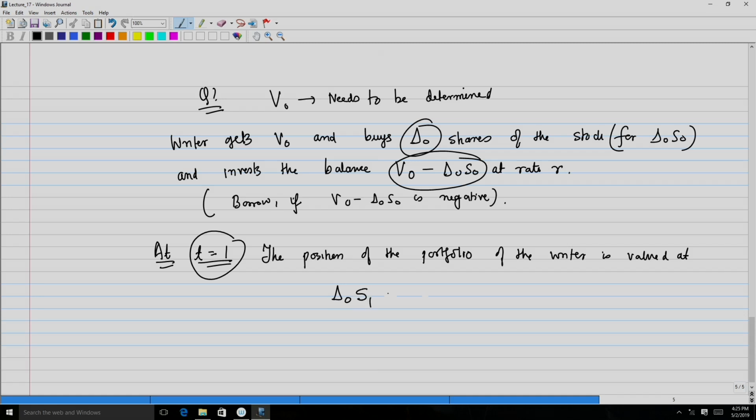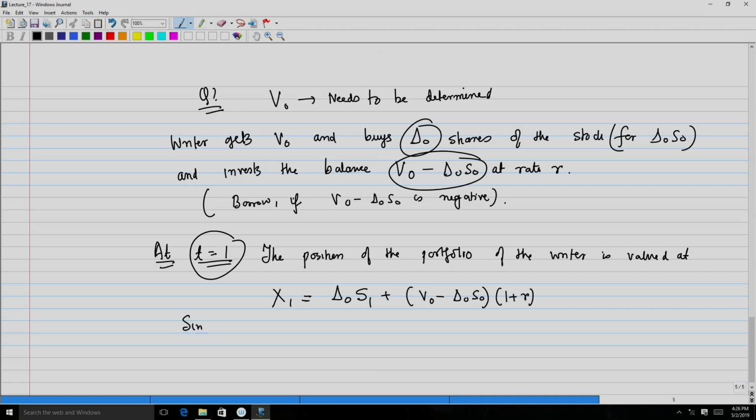So, the total value is delta naught S1 plus the remaining amount V naught minus delta naught S naught, which has now grown by a factor of 1 plus R. And this is a random variable, and this is going to be equal to x1.